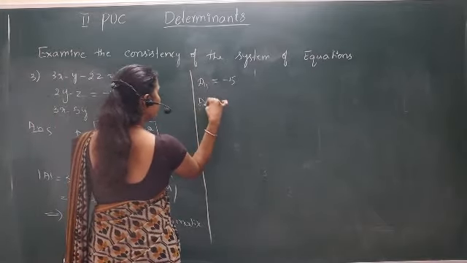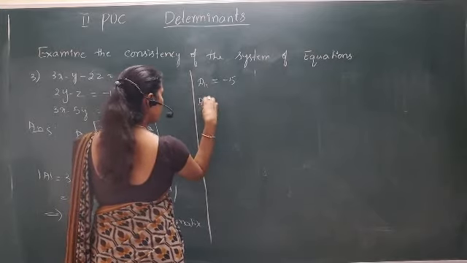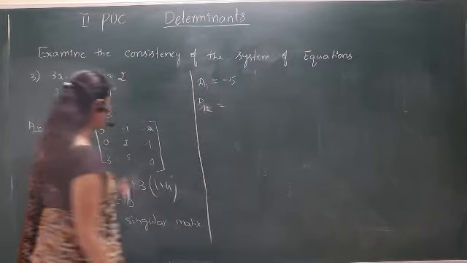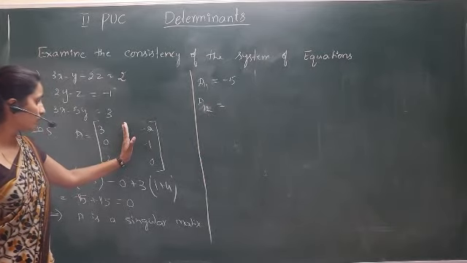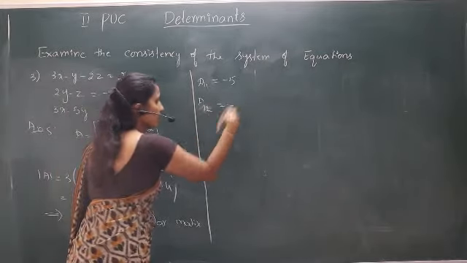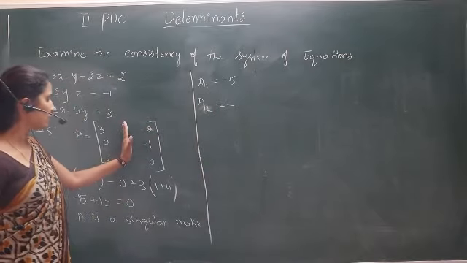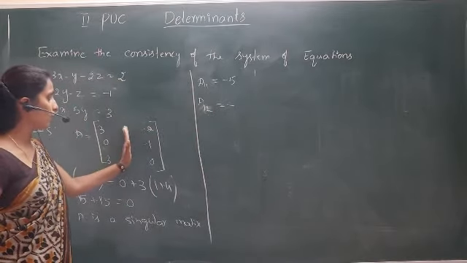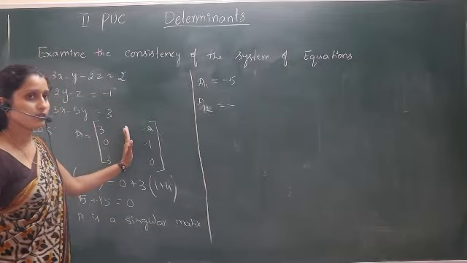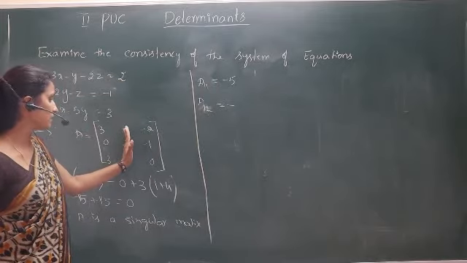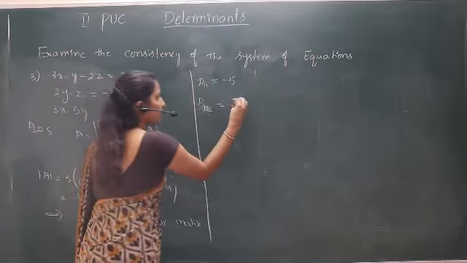Then A12, by deleting first row second column, 0 plus 3 is 3, so we get minus 3.